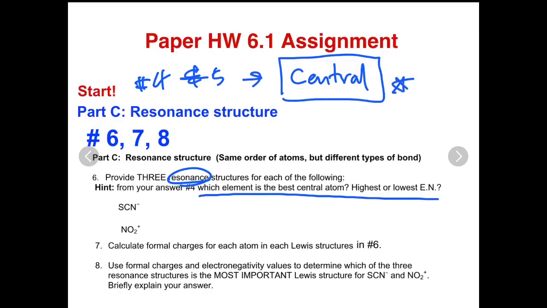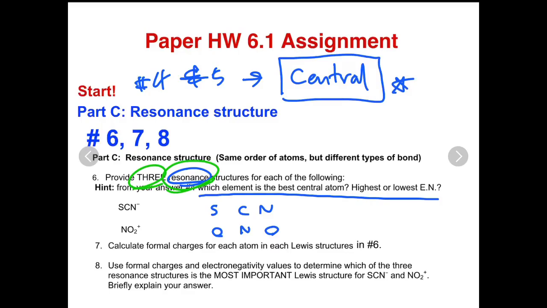So in this case, you probably see that for SCN, it would be in that order. NO2, N would be in the middle, and 2 O would be outside. So those would be the order. And you are not going to change the order because we are drawing resonance structures, 3 of them.